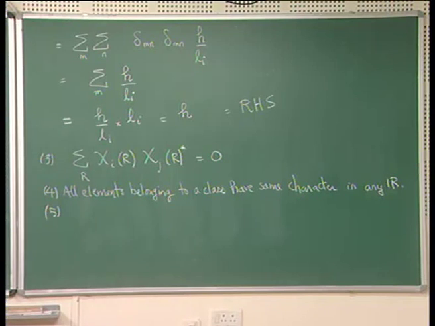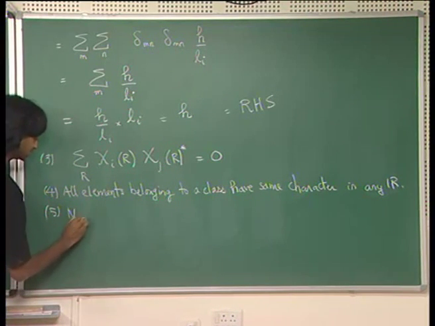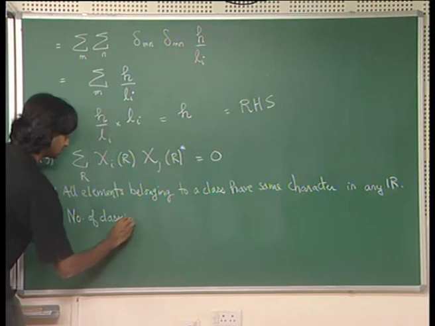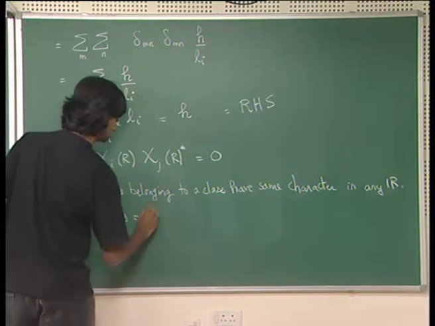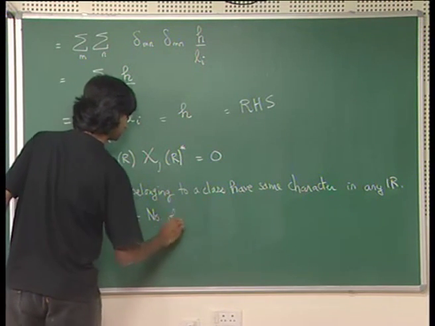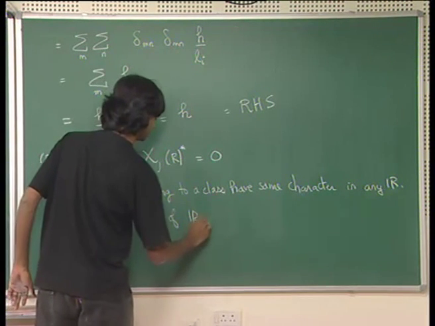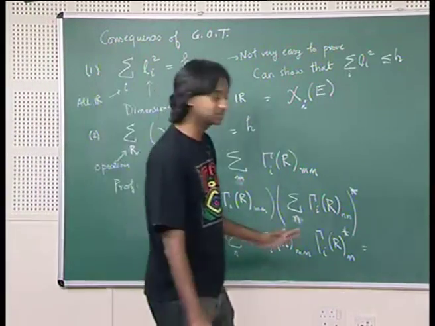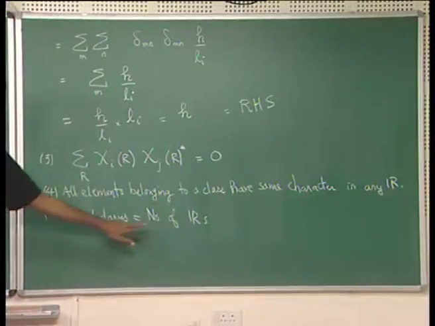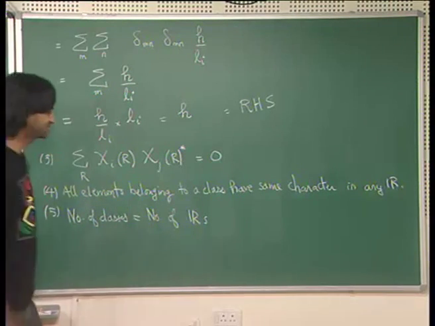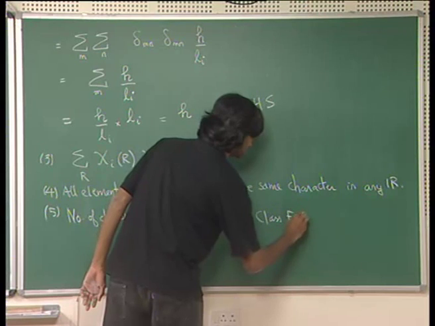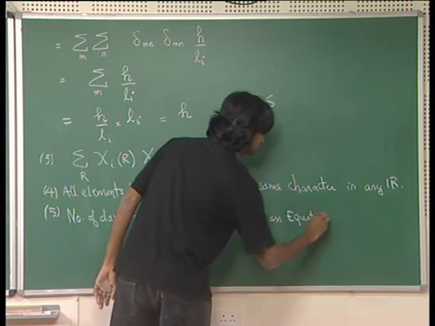The last useful thing is that the number of classes is equal to the number of irreducible representations. This is sometimes called the class equation in abstract algebra.